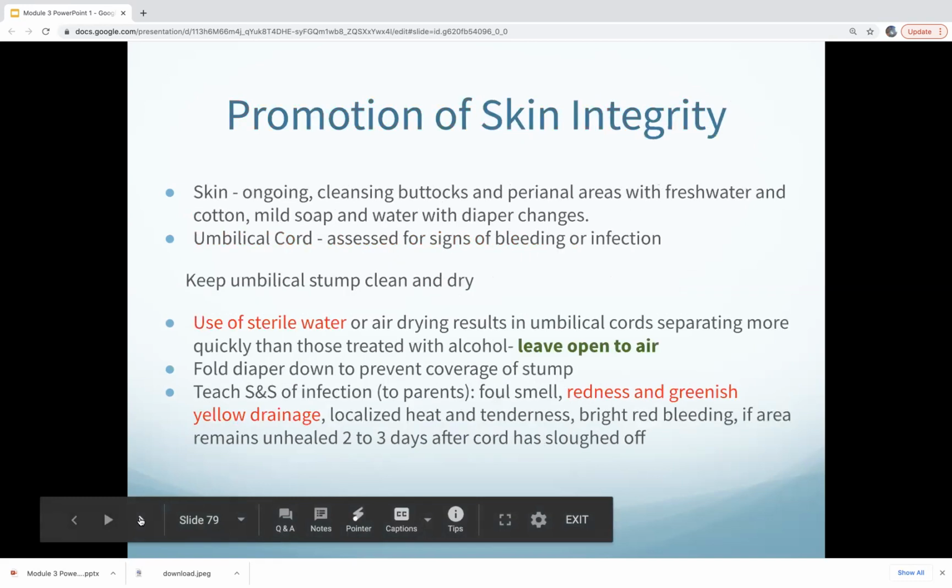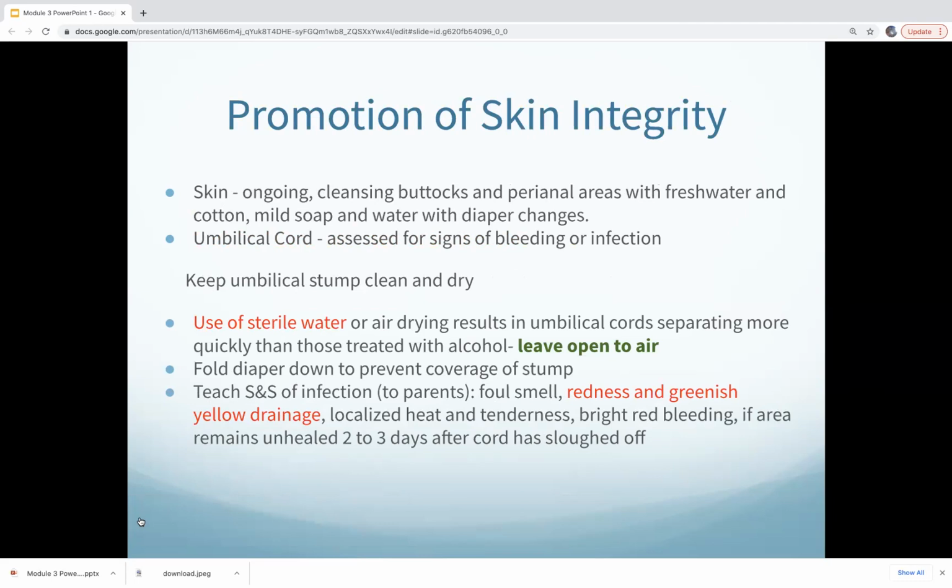Maintaining skin integrity. So you want to keep that baby clean, and keep the skin clean, dry, and intact. Look at that umbilical cord, assess for any signs of infection. If they had a circumcision, you want to monitor for any signs of infection. So, you want to leave that umbilical cord open to air.